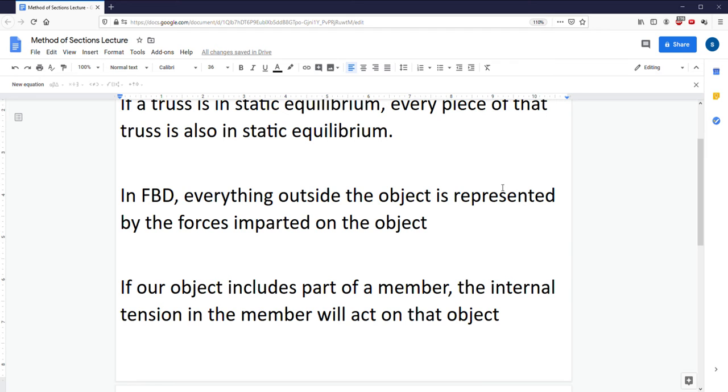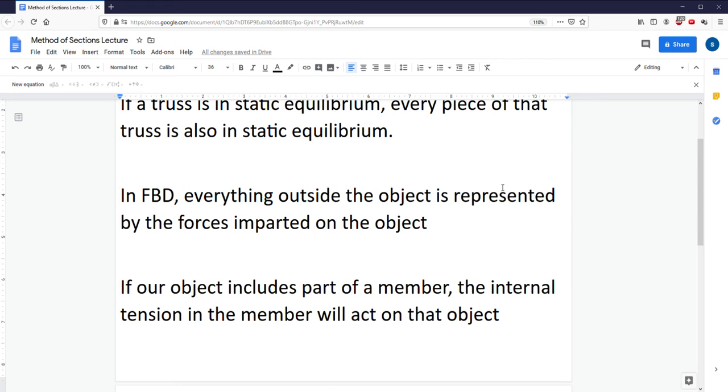So to start off, the method of sections sounds more complicated than the method of joints, and in a way it is. We are seeing additional sum of moments equations in there. We also will need to take care to select which sections we use. However, the method of sections does have one enormous benefit, and that is you do not need to find all of the internal forces.